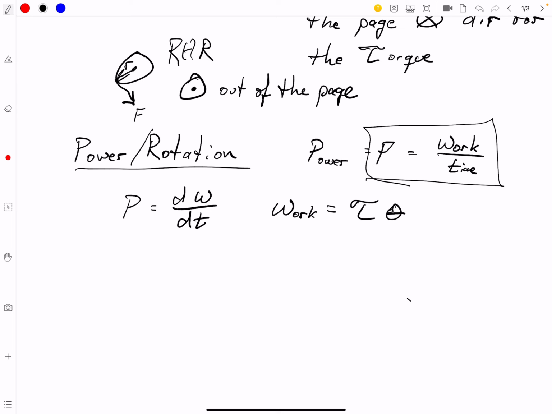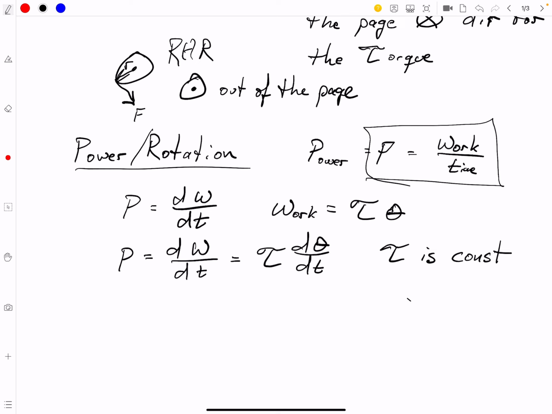We derived that, and now we can say that the power is equal to dW over dt, and so that means it's tau d theta dt, as long as your torque is constant, which we will consider constant the whole time.